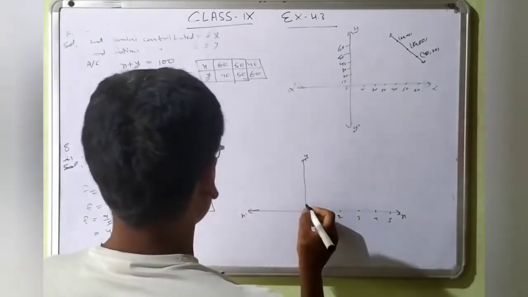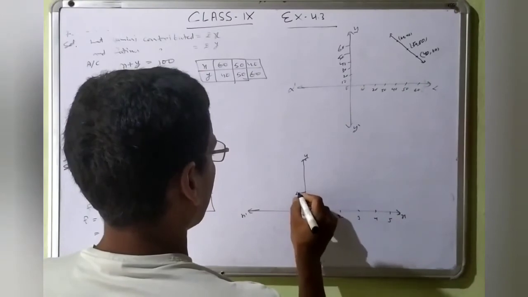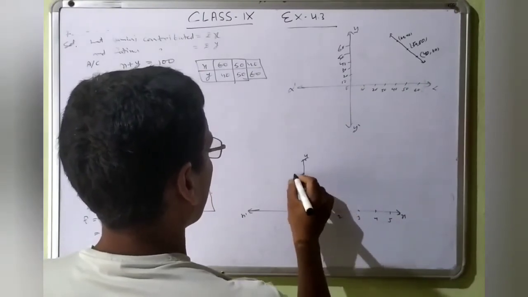Now here we can write the table of 10: 10, 20, 30, 40.